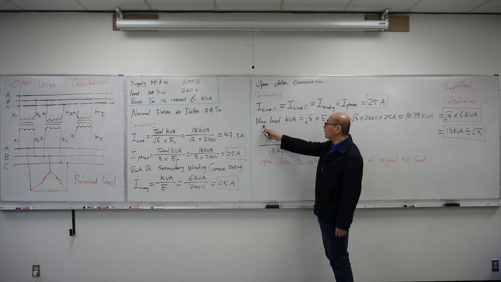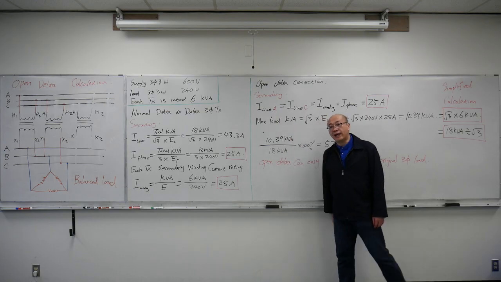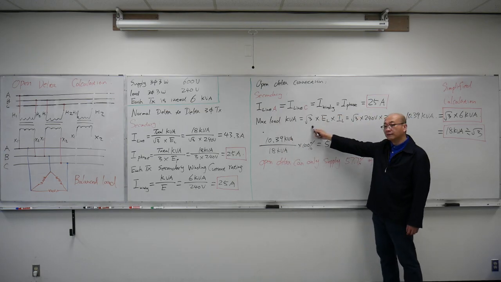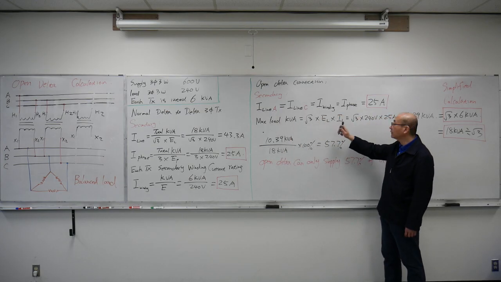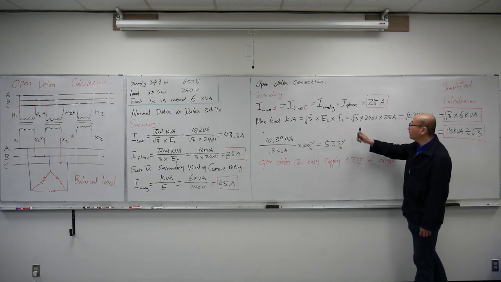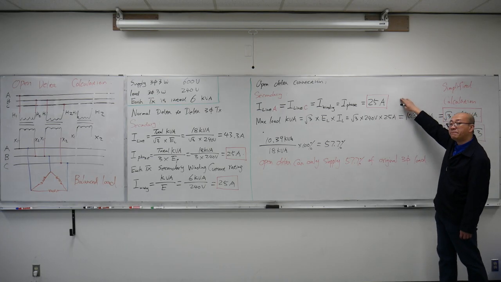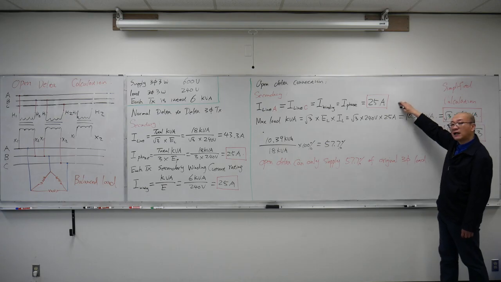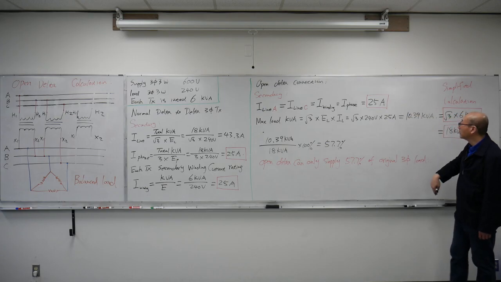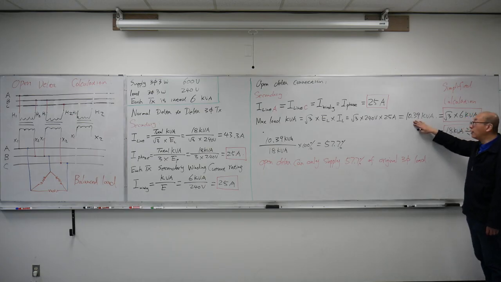I use the formula to calculate the maximum load kVA: √3 times E line times I line. Put the numbers down there: √3, 240 volts, that's our line voltage, and 25 amps, which is what we just calculated. That's going to be our new line current in the open delta connection. The total kVA of the load becomes 10.39 kVA.